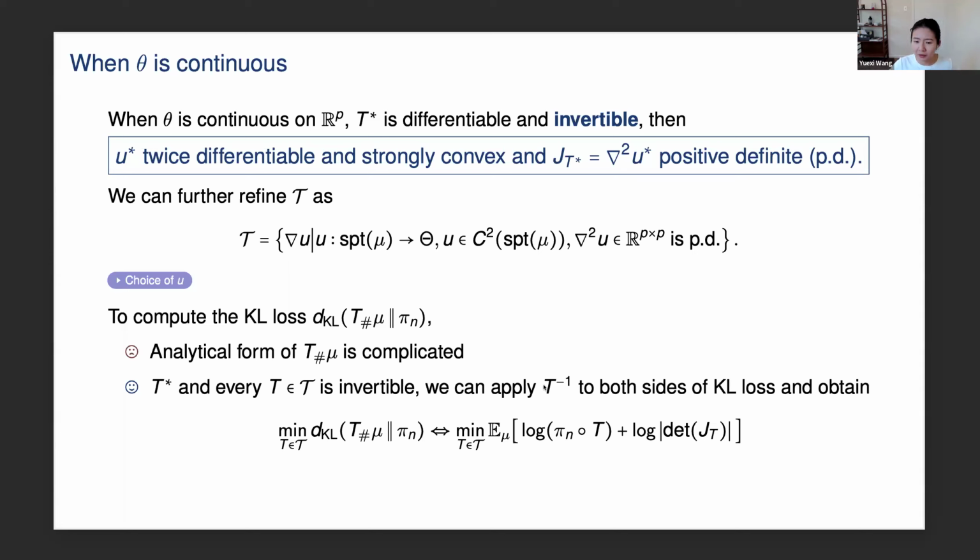We can apply the inverse map to both sides of the KL loss and rewrite the original KL loss as this new loss function, and they're equivalent. It's much easier to compute every item in this loss function. So by solving this loss function within a constrained class, you will find the OT map.